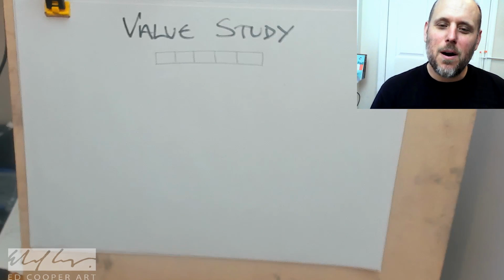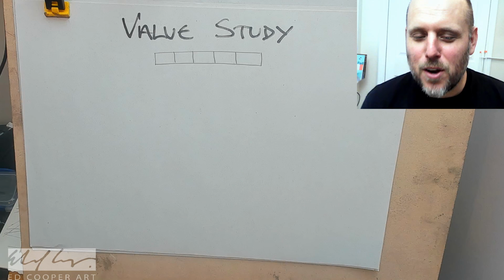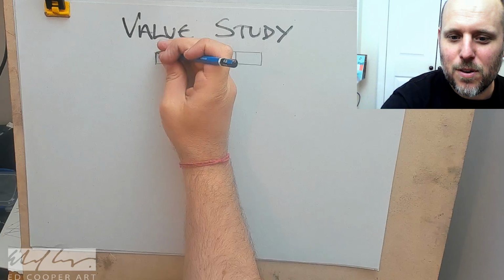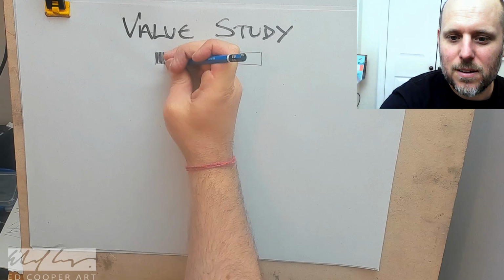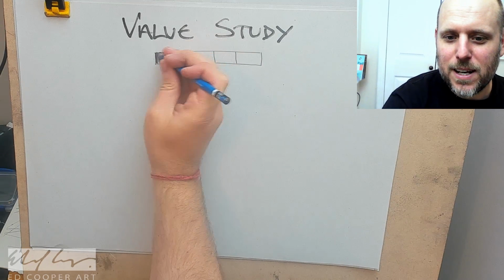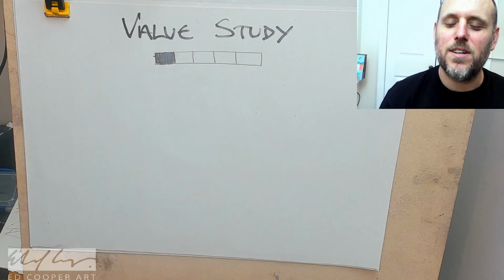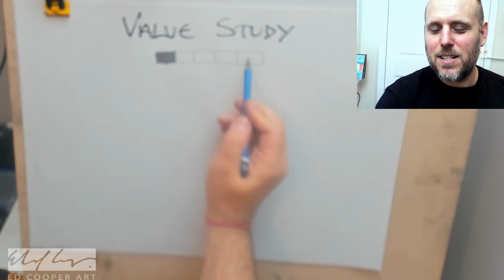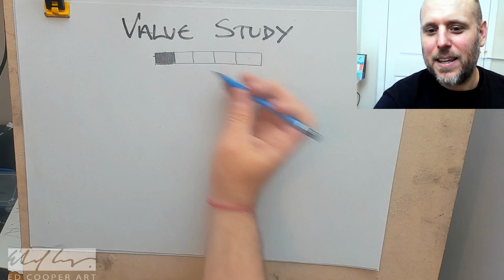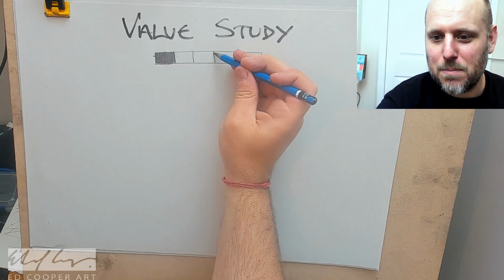So he's talking about 5 tones max, okay? So you've got your darkest dark, and hopefully now we're all getting into the habit of making sure that's a nice sort of block of dark, dark, light, okay? And then that gives you 3 mid-tones in between.